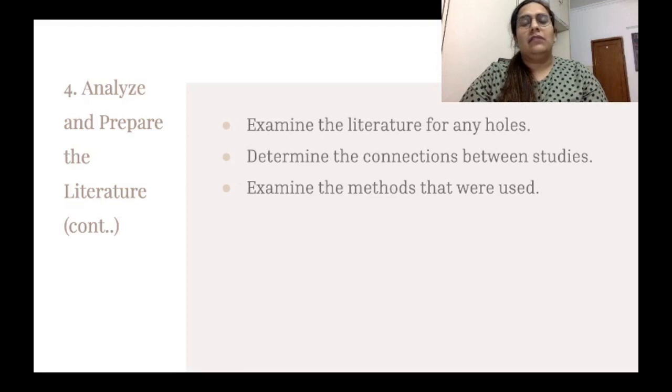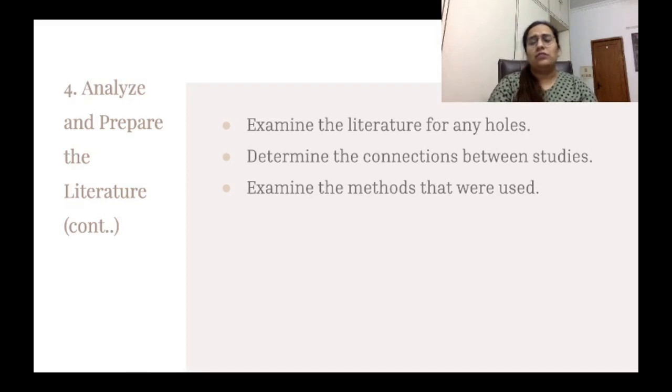Examine the method they have used and how you are implementing that in your research, or what exactly you are changing. You may also be mixing two literature methods, which is possible.